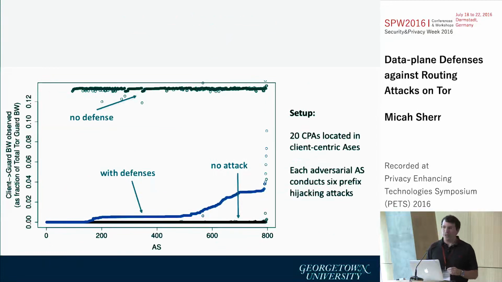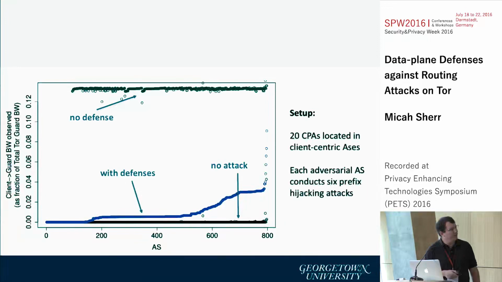It does, not perfectly. In the bottom, actually I'll start at the top, with no defenses, this is the longest prefix matching attack using 6 BGP attacks. You get about, for the different ASs, about 13% of guard traffic.